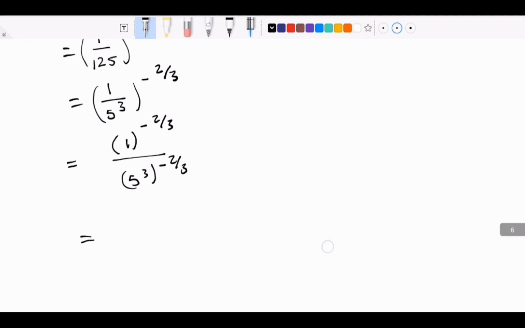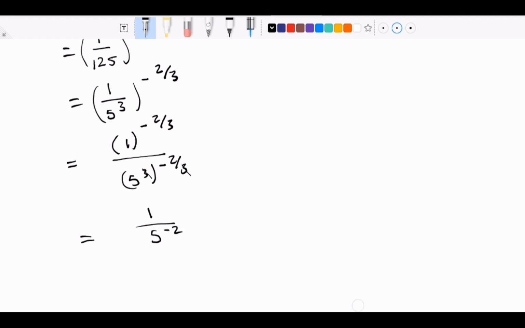We know that 1 raised to anything at all, no matter how many times you multiply 1 by itself, you'll still get a what? A 1. Okay, so applying that rule, we know that at the top we have 1. Okay, 1 remains 1, but at the bottom here we see that 3 cancels out the 3 over there, so that we are left with 5 to the power negative 2.